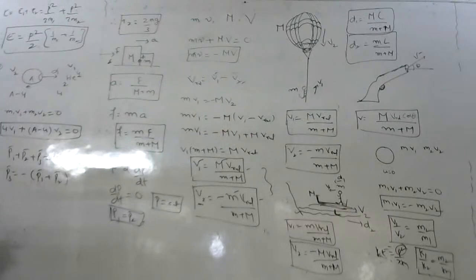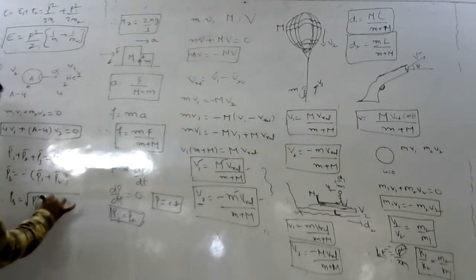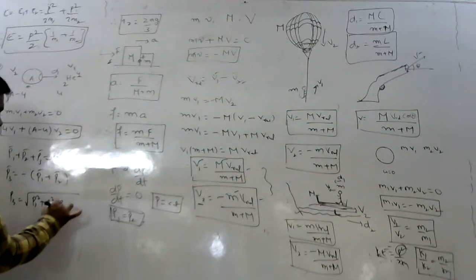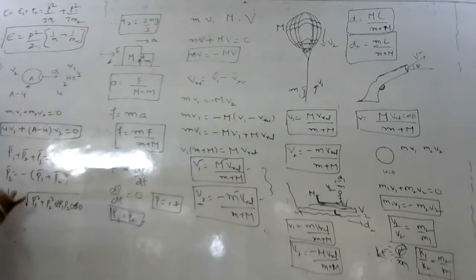From the parallelogram law of vector addition, P3 is equal to the square root of P1 square plus P2 square plus 2 P1 P2 cos theta.